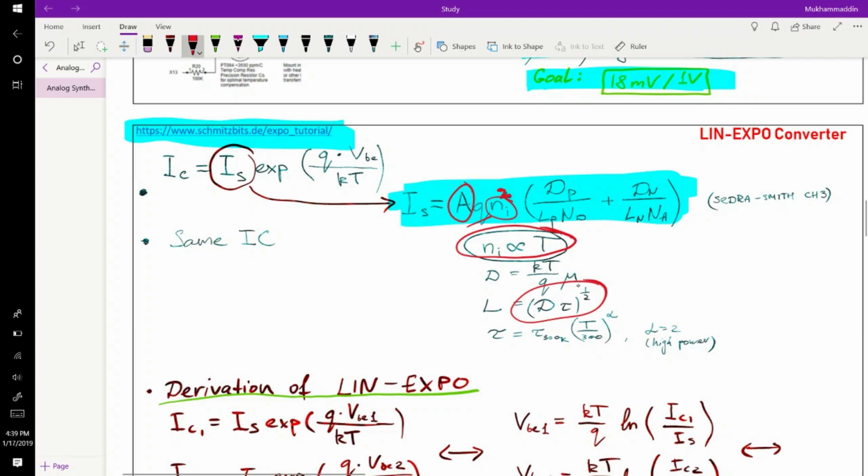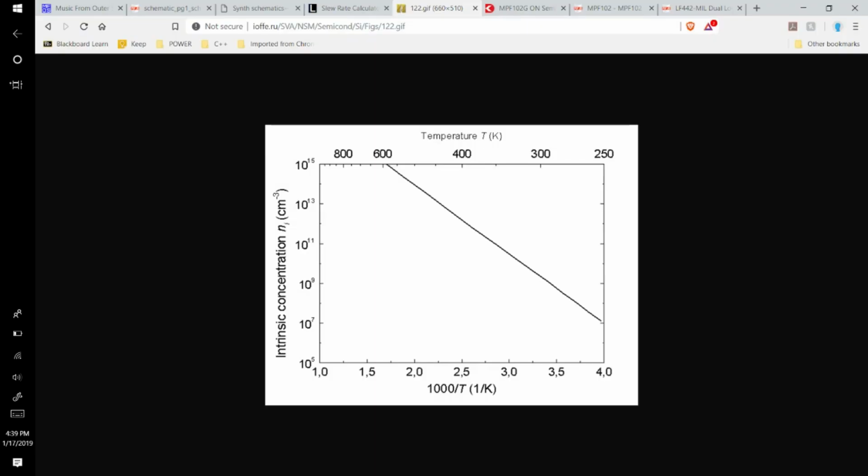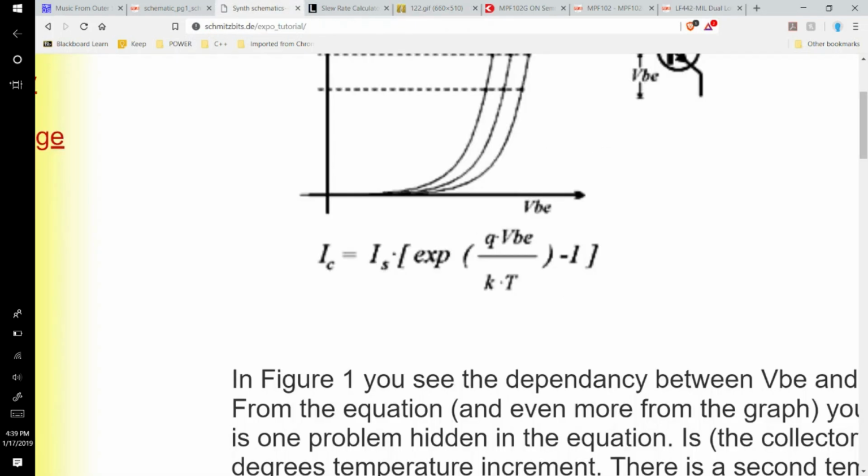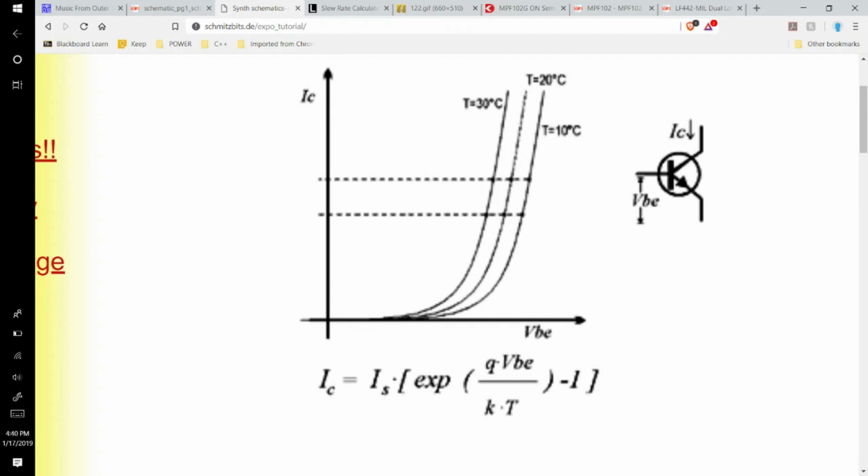So you plug in D in here, and you'll see that it's gonna be a very weak function of temperature. So the key parameter here is not this dependency, but this one. So if temperature in the room or temperature on the PCB changes, ever so slightly, it will have a significant effect on this BJT, and of course you will lose control over your frequency of the oscillation. So you need to find out a way how you can circumvent this temperature effect.